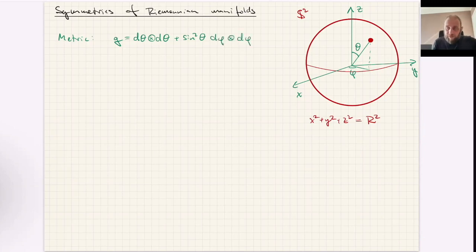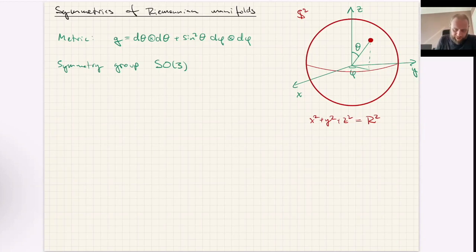So this is a 0-2 tensor. It takes 2 tangent vectors and it maps them to a number defining the inner product, right? Now you know that the sphere has a symmetry group, which is SO(3). So we can do any kind of rotations here in 3 dimensions. The sphere will look the same.